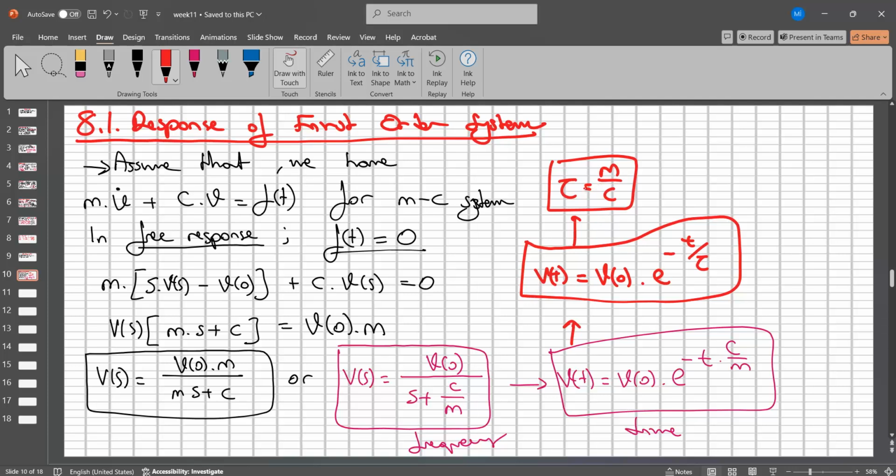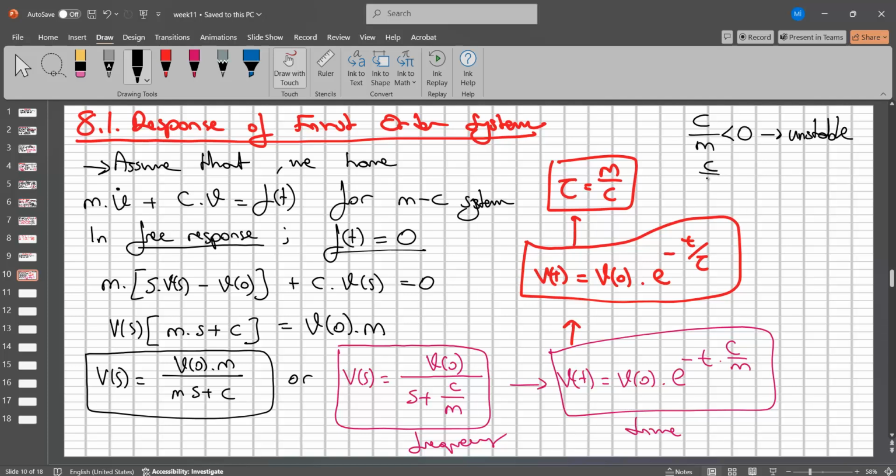And so if this is the case, we can write three conditions in here. If c divided by m is smaller than 0, then we can say that it's unstable. Why? Because it goes to infinity. Yes, because the exponent goes to the plus, and so it always increases as an exponential term.